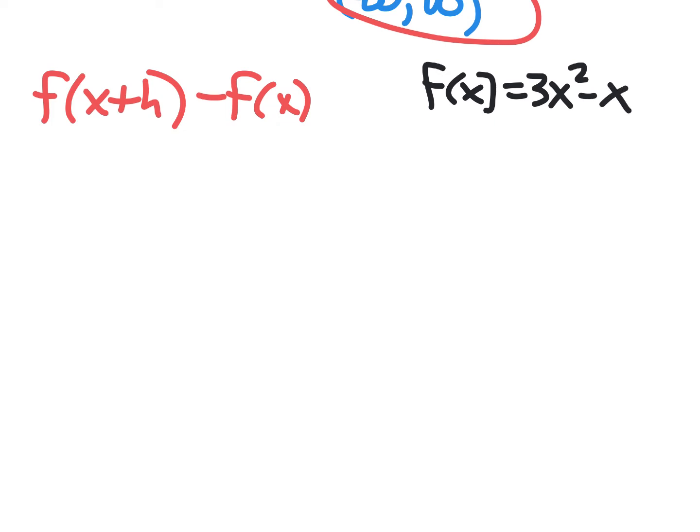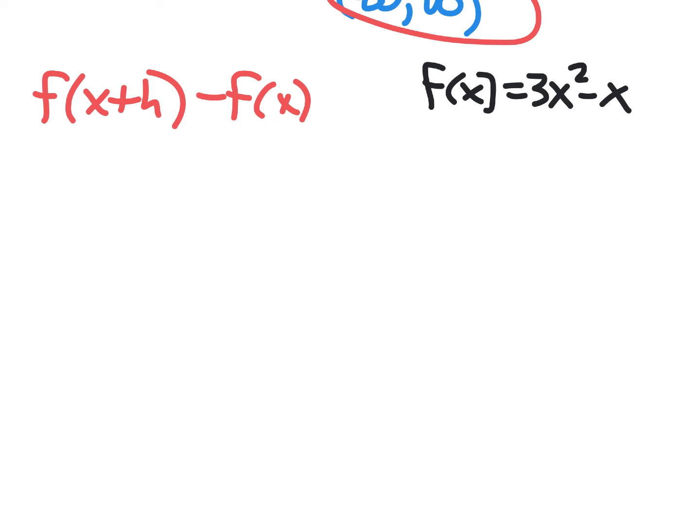There are so many negatives and weird things that come out of this, but at the end, when you're all done, you should have an answer that has h in it, and your answer might be like 2xh minus 3h. It's just a few terms left because most things cancel, all right?